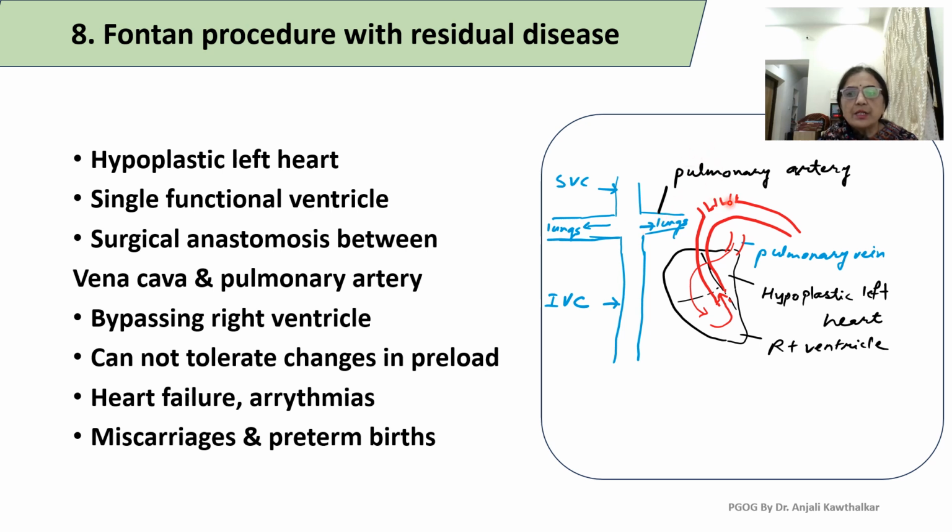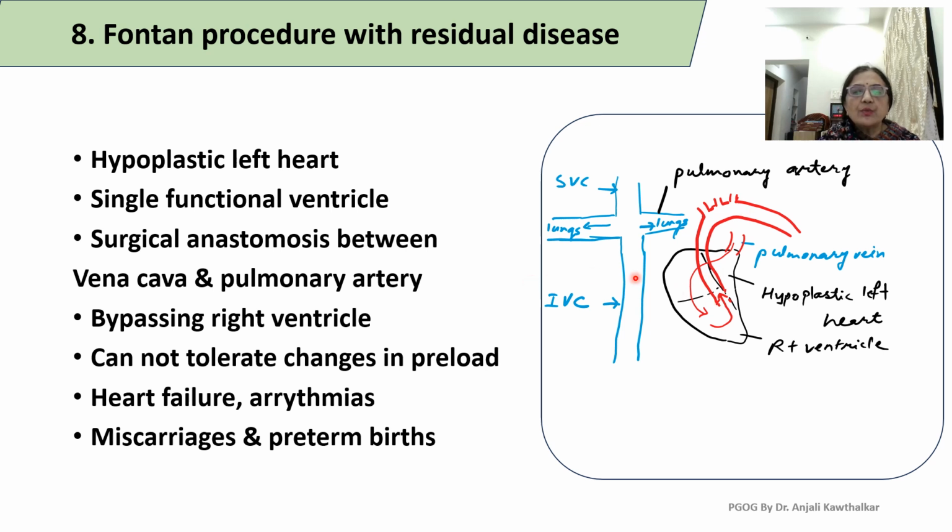Once it gets oxygenated, through the pulmonary vein it will enter this hypoplastic left atrium, and with a created opening like an atrial septal defect, blood will now enter to the right atrium, right ventricle, and the aortic opening will be at this ventricle, and that is how blood will enter from the right ventricle into the systemic circulation.